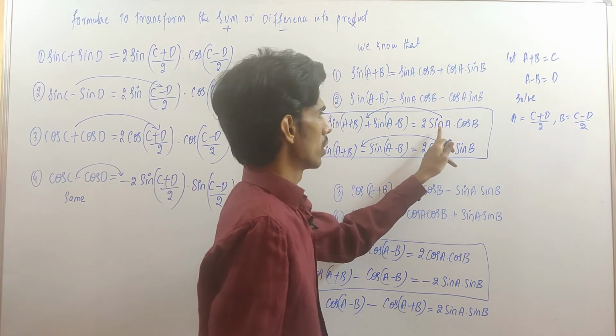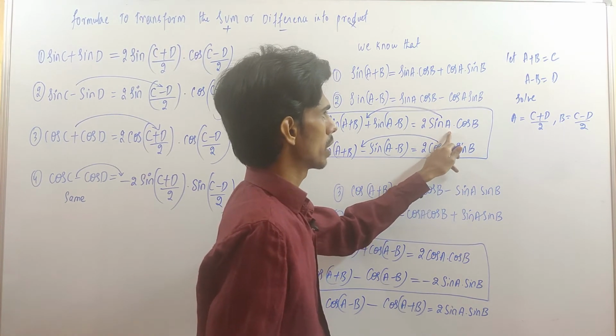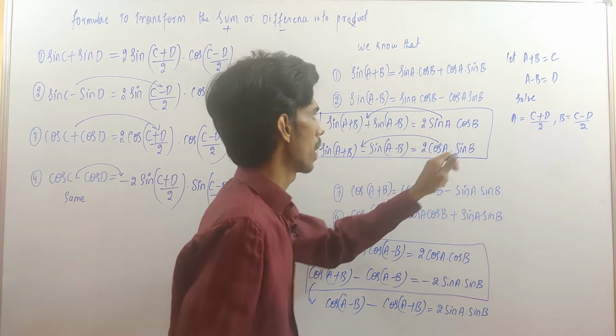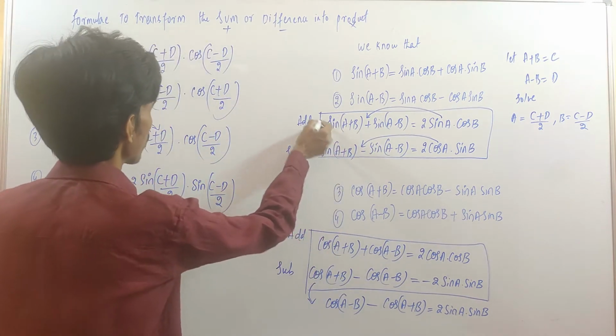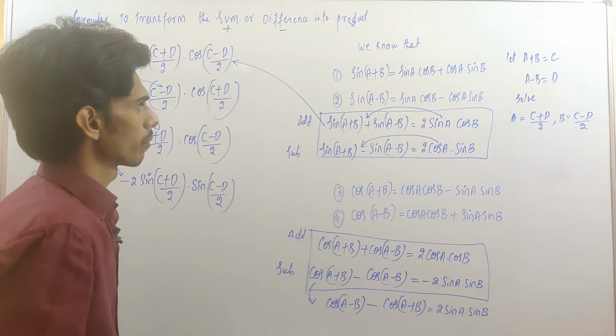Put A value here, 2 sin C plus D by 2 cos C minus D by 2. Here we will get sin C plus sin D. This formula will come from here.